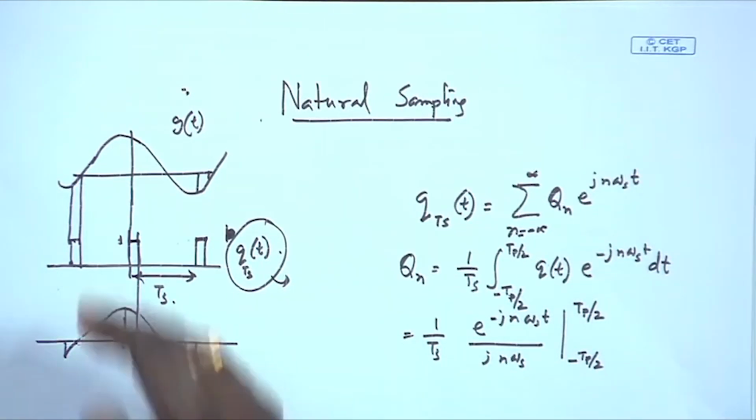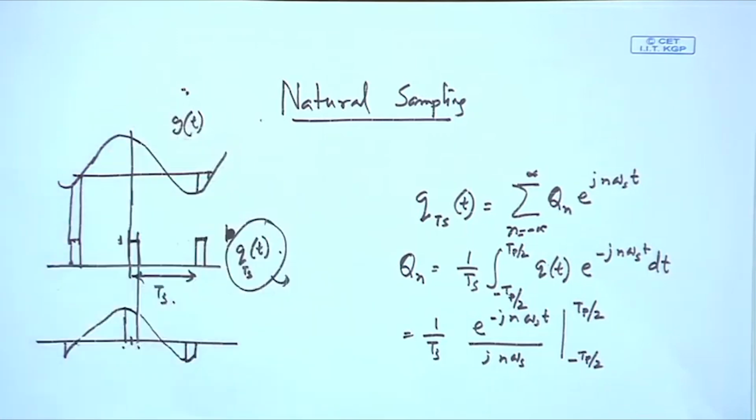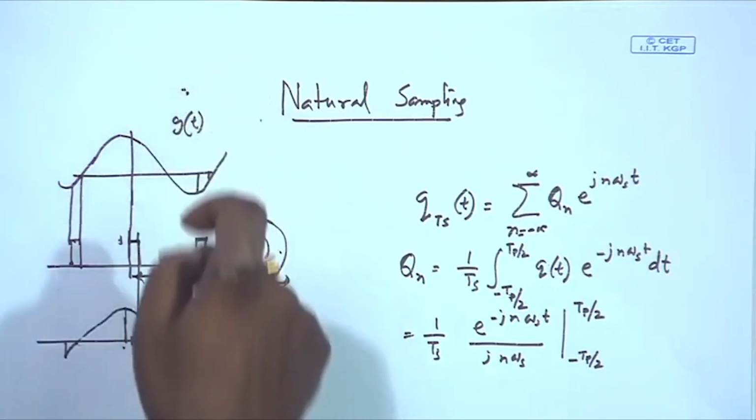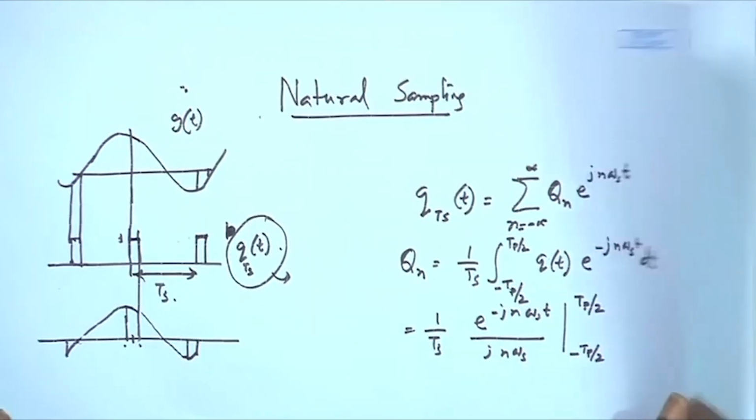Okay. Now, these two signals are getting multiplied in the time domain, so the Fourier transform will be a convolution of G(f) and this one, fine.